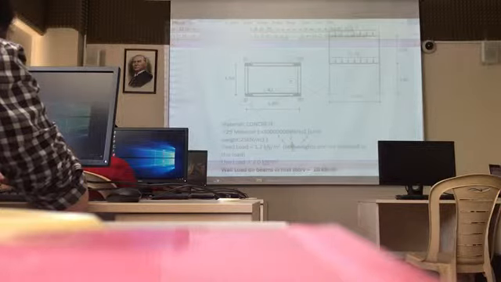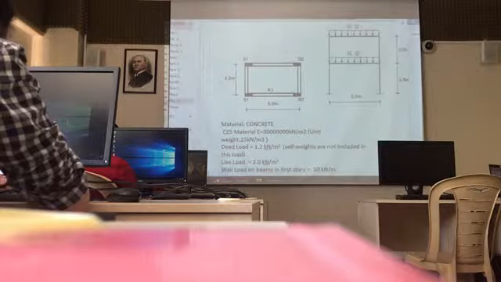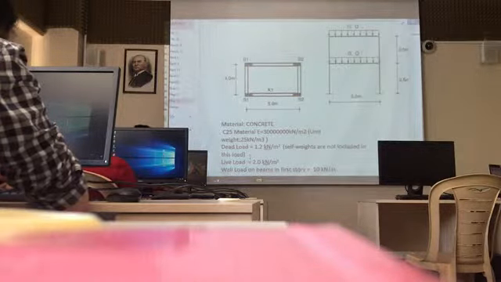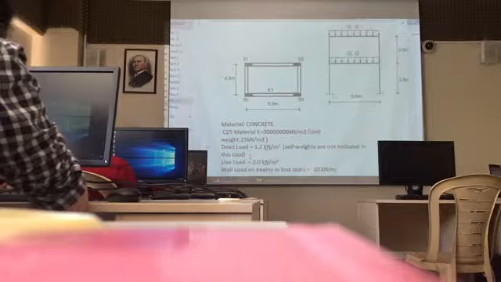Now we have two types of columns, S1 and S2, and we have a beam. We have one type of beam.